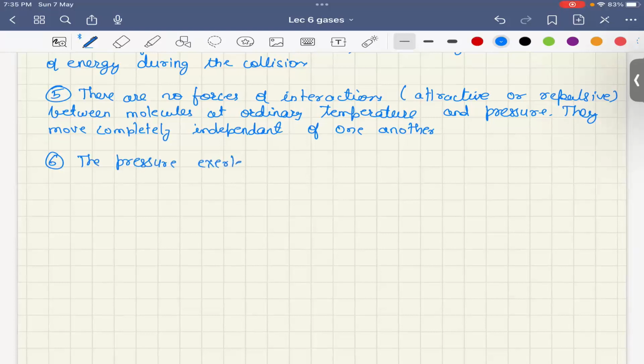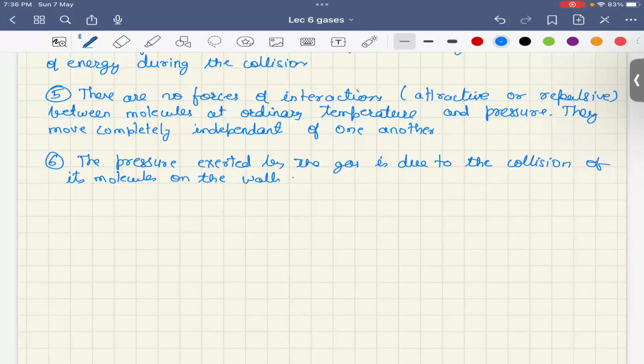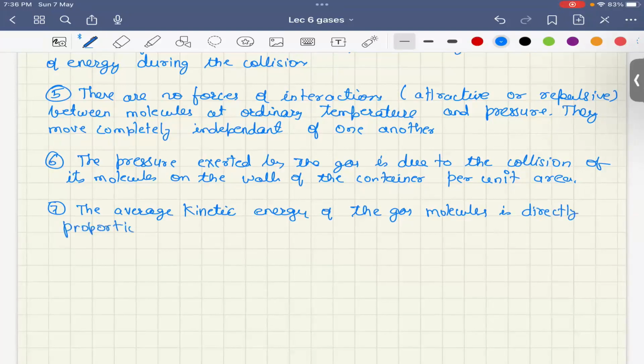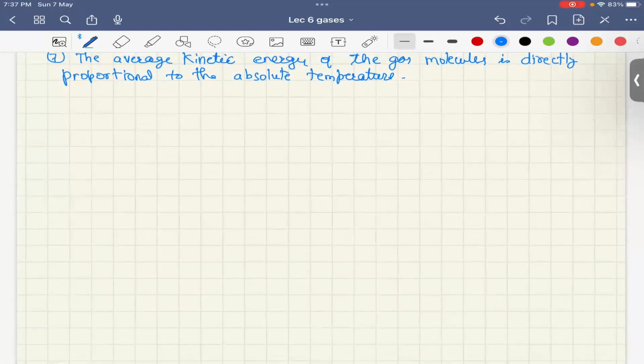And the last postulate of this theory is that the average kinetic energy of the gas molecules is directly proportional to the absolute temperature. Now let us look at the justification for the above postulates.